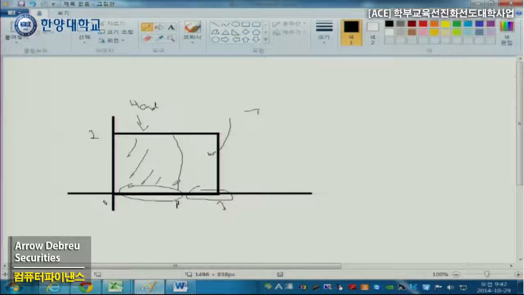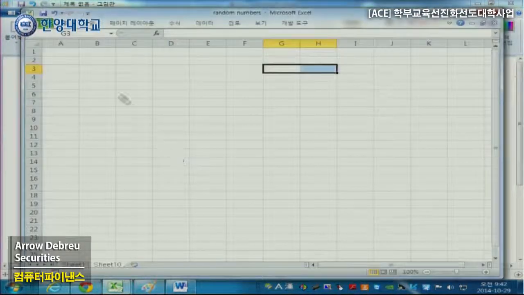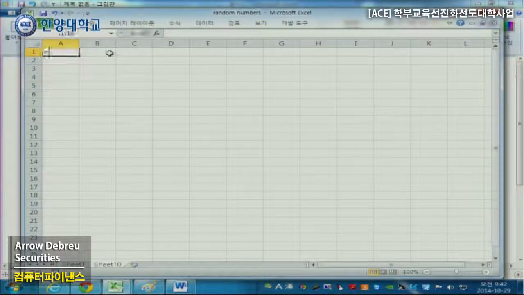And then how can we do that in Excel? Pretty simple. First, I can generate a random number, right? And then let's say P is 70%. If this is less than 0.7, I call it 1, otherwise 0.